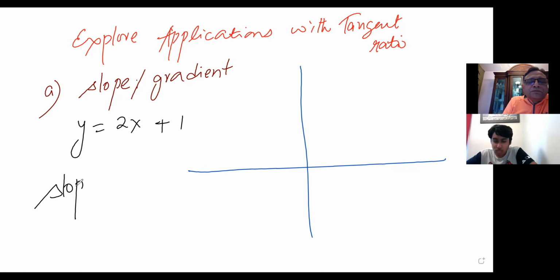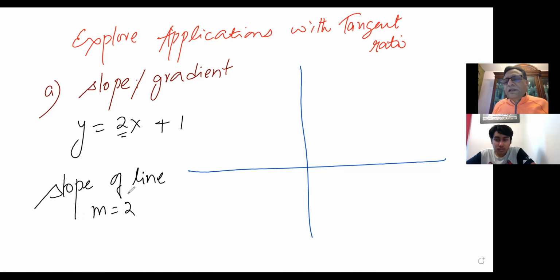Tell me. It would be rise over run. So from the equation itself, the slope is 2, right? Slope for this line, m, is equal to 2. How does that relate to the tangent ratio? That's what we'll now figure out.